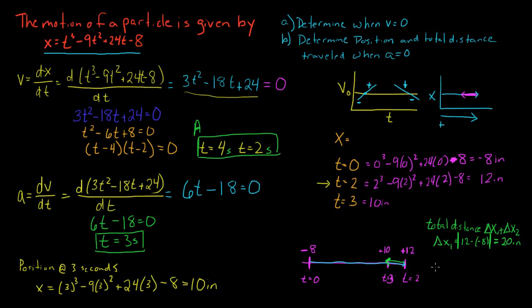And delta x2 is equal to the magnitude of 12 minus 10, or 10 minus 12, doesn't matter. And this is equal to 2 inches. So in total it's delta x1, 20 inches, plus delta x2, 2 inches, is a total travel of 22 inches.